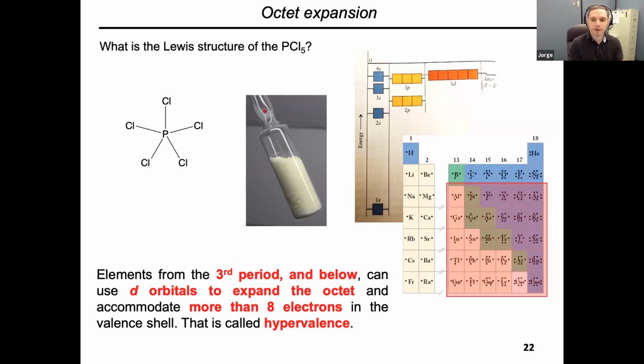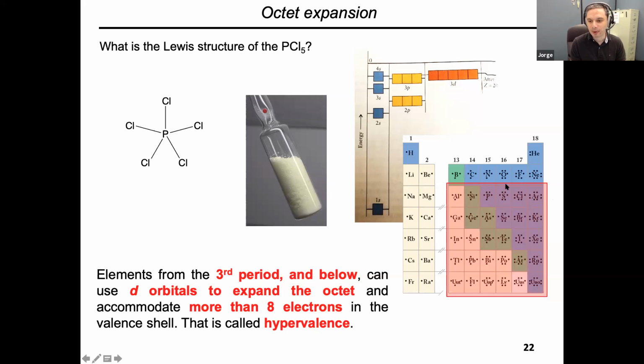Okay, so therefore, phosphorus, which is in the third period, can easily expand the octet and accommodate 10 electrons in the valence shell.